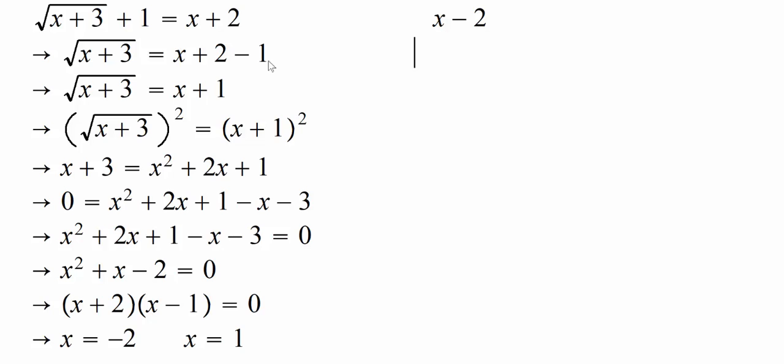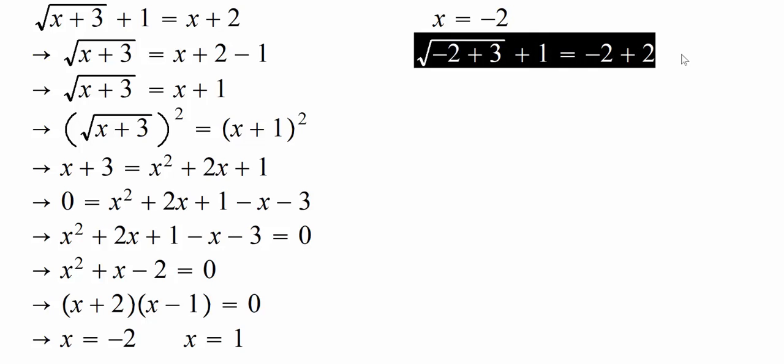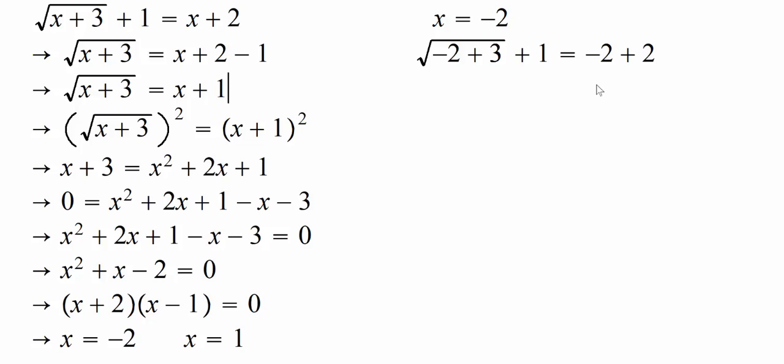If we put -2 in here and -2 in here, the left hand side is a 2, because the square root of 1 is 1, so 1 plus 1, and the right hand side becomes a 0.